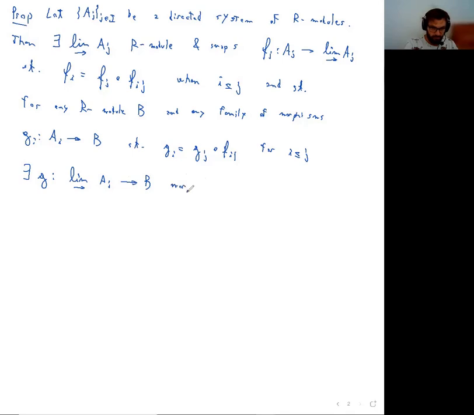So it is a morphism such that g_i is nothing but the composition g composed with f_i for every i. And furthermore, and this is clear by this universal property, this pair of the object together with these maps is unique up to isomorphism.